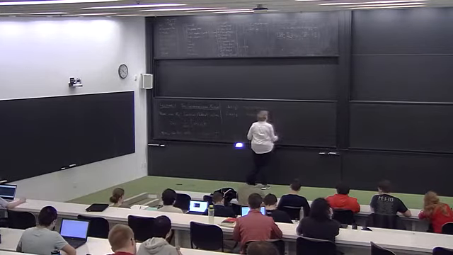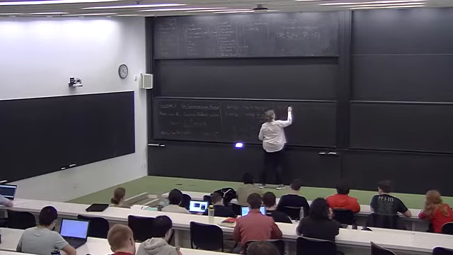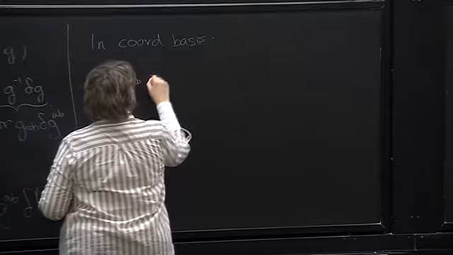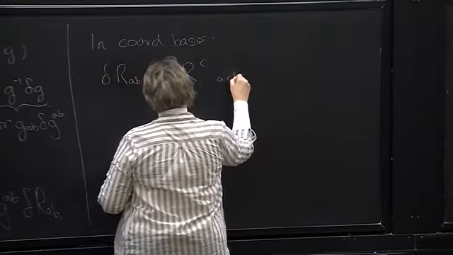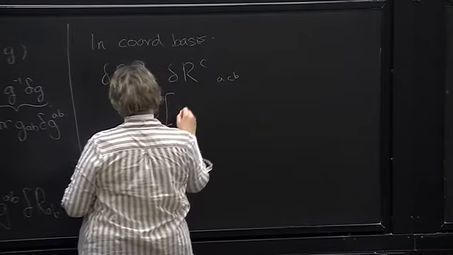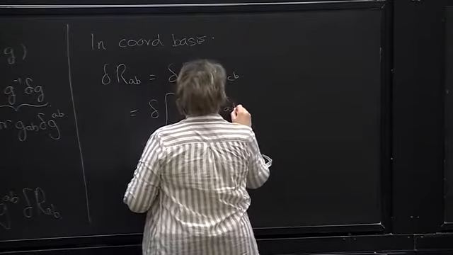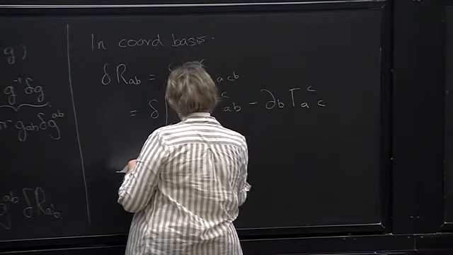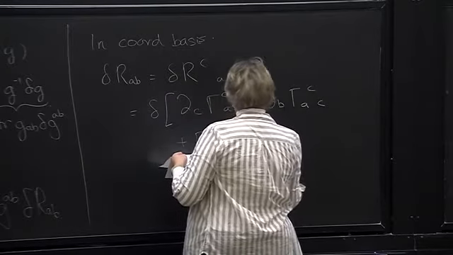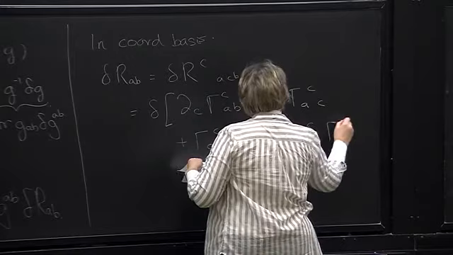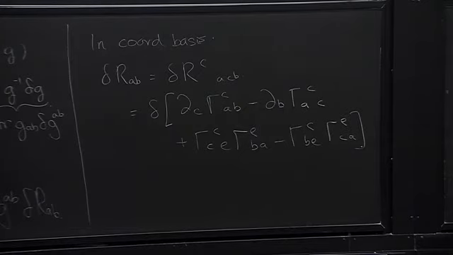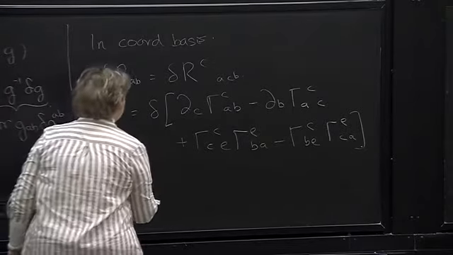So if we take a coordinate basis, and write down what the components are, then we simply go through and vary everything inside that bracket.